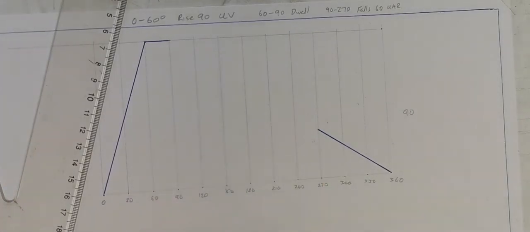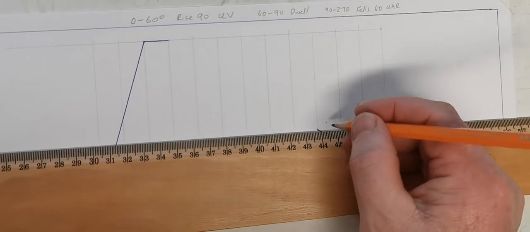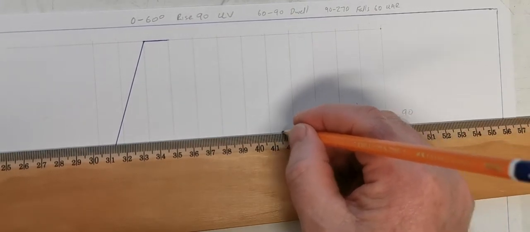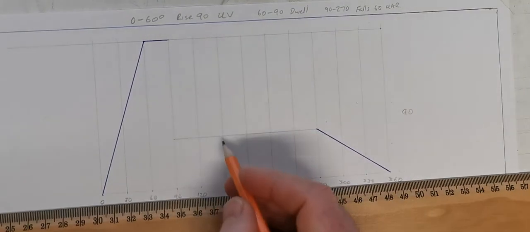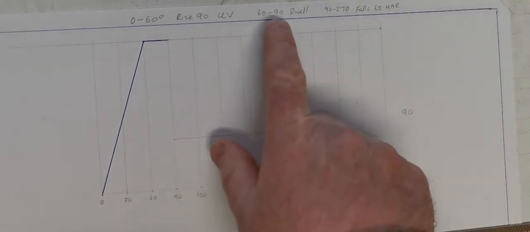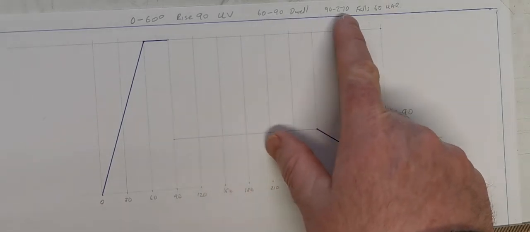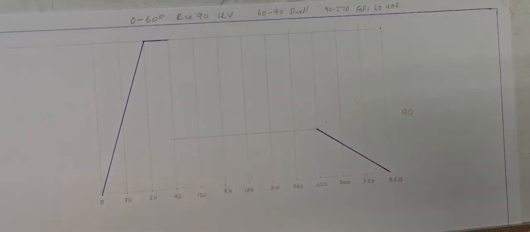So really the only place there's any brain work involved is between, whatever's happening is happening basically in this rectangle here, and that is 90 to 270, where it falls 60 with uniform acceleration and retardation.